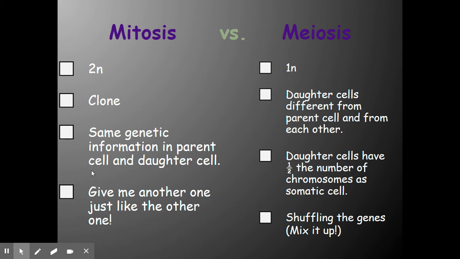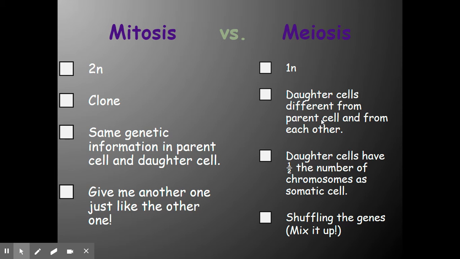Okay? Whereas meiosis, we have a haploid cell, which is just one set of chromosomes. We have daughter cells that are different from the parent cell and from each other. So whatever is made is different from what it came from, and whatever ones come in the future are different from that.